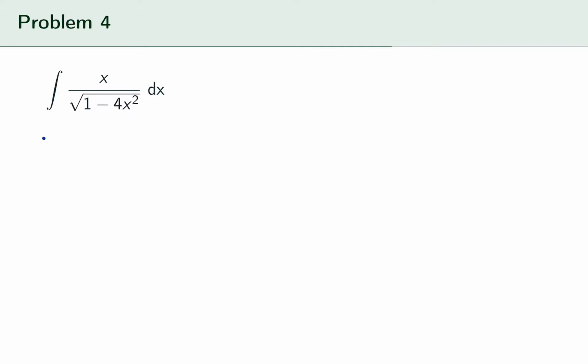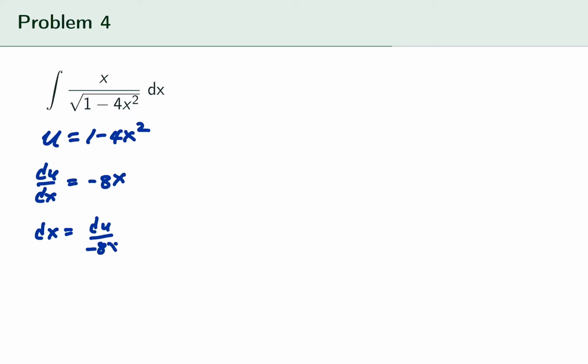So for here, let's try u equals 1 minus 4x squared. And du dx equals negative 8x. Then dx equals du over negative 8x. So using these two, let's substitute. We'll get x over square root of u.